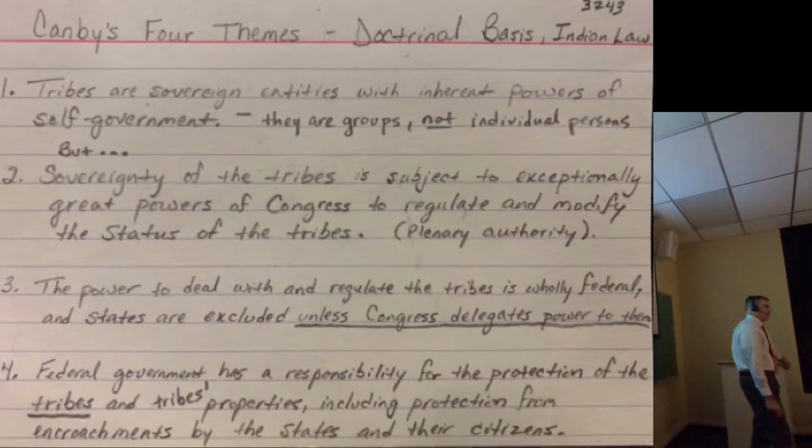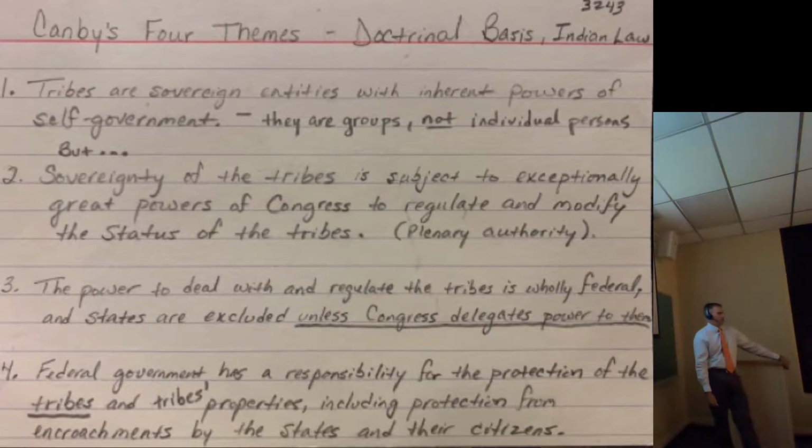Now why is Congress the supreme authority when it comes to the relationship between the United States and Indian tribes? There's no reason you should know this. And you might have a response to that, I don't know.